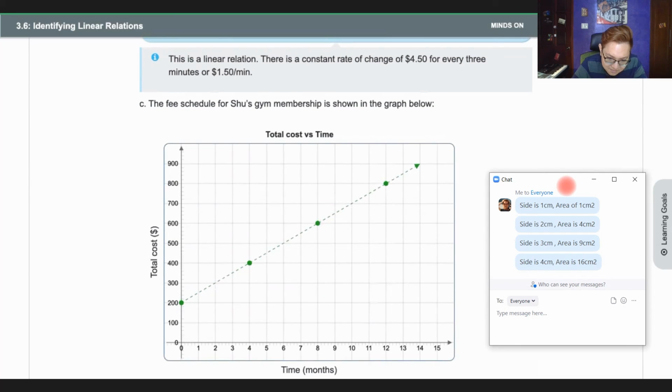The fee schedule for the gym membership is shown in the graph below. Total cost.